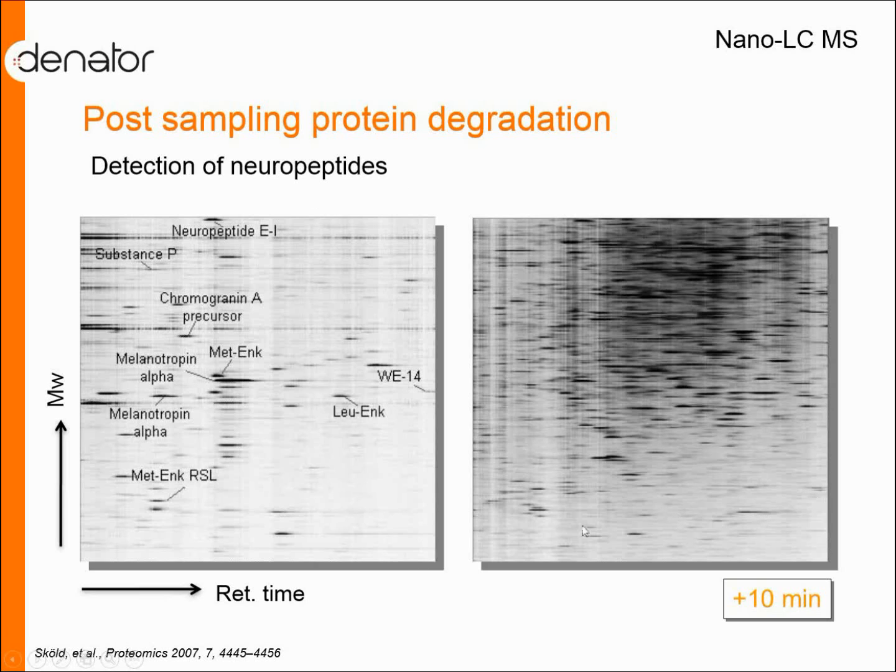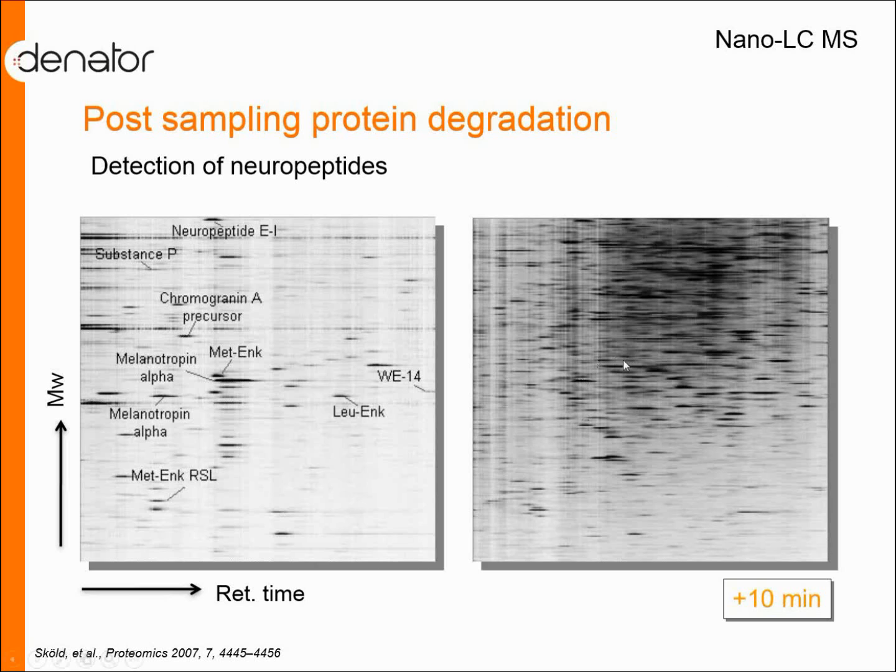If we look on the right panel instead, there we have an artificial 10-minute lag between the death of the animal. In this case, we're looking at mice brain, and between the death and the extraction and stabilization, we see loads and loads of spots.